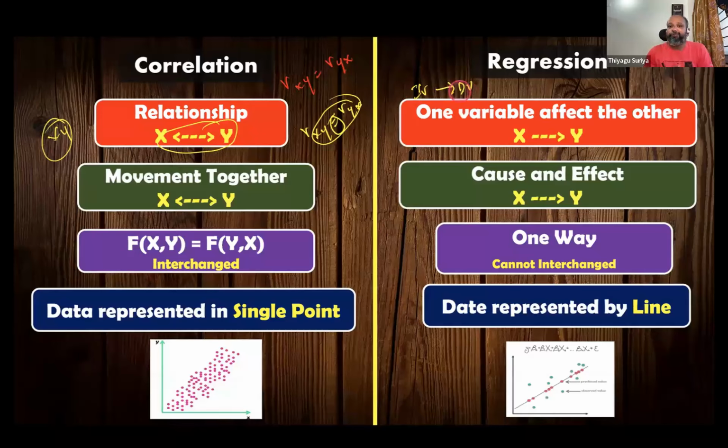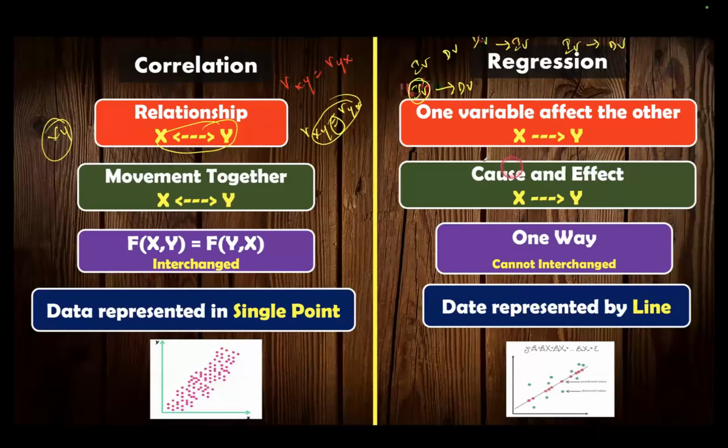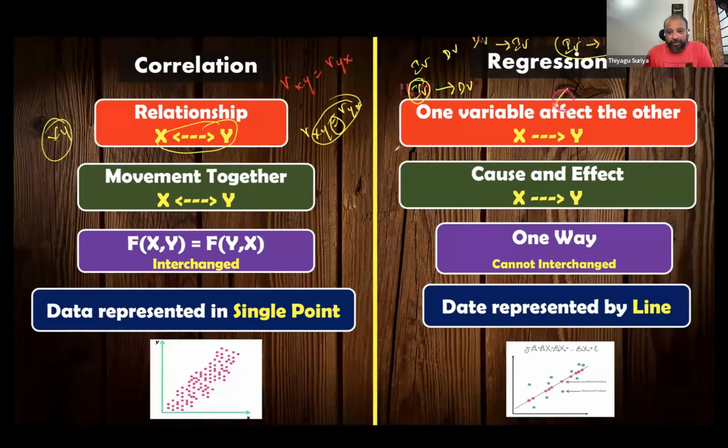I'm going to check the effect of IV, the independent variable, on the dependent variable. Similarly, if I check how the dependent variable affects the independent variable, will the scores be the same? No, sir, no. Here we are talking about effect. Therefore, the interchange property is not possible in the case of regression analysis.